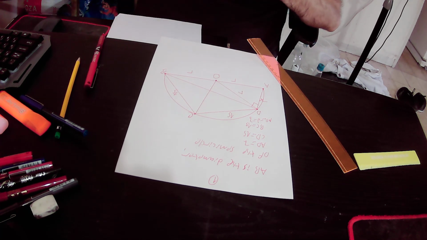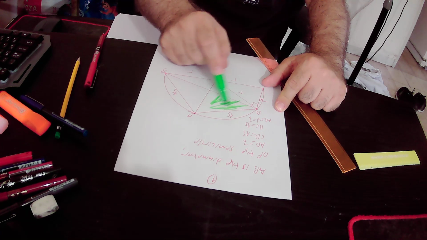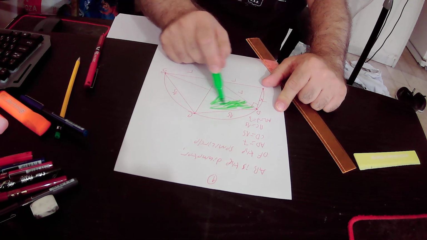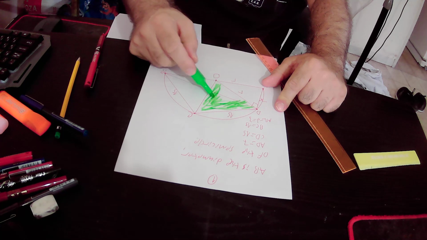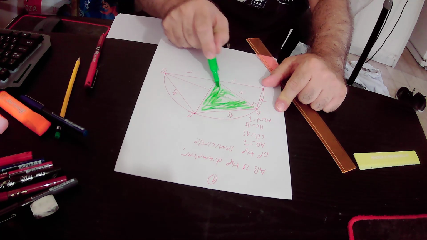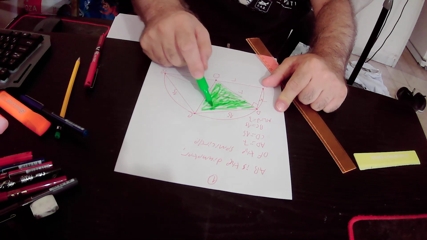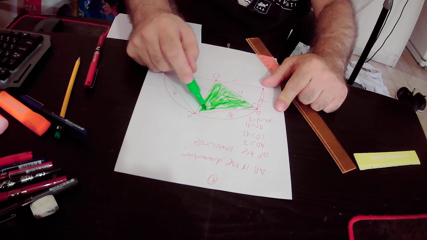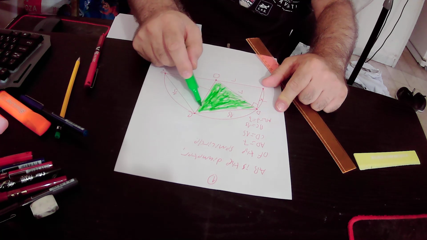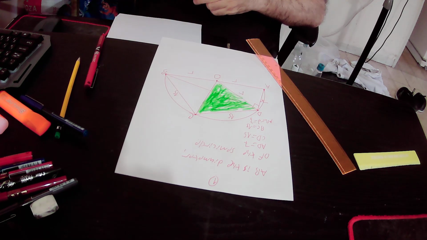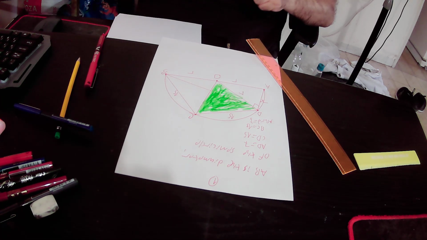So we will focus on the green triangle, triangle OCD, and we will also focus on triangle OCB, that is the orange triangle.